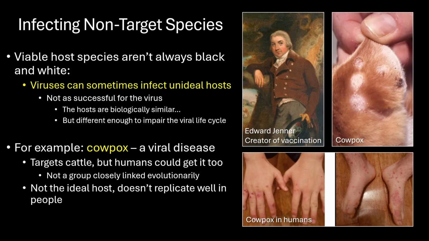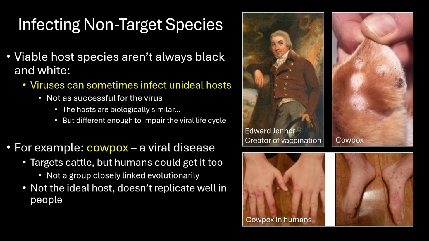So cowpox is a viral disease that infects cattle, but can sometimes spill over into humans as well. And it does this because the virus is quite closely related to a human disease called smallpox. Thankfully, smallpox is gone today, but cowpox still exists. And historically, because these are such closely related diseases, the viruses are very closely related to one another, they can still infect similar hosts.